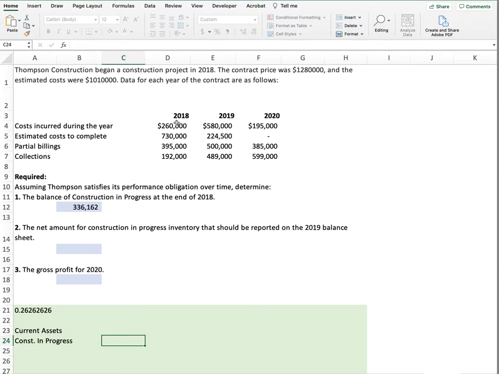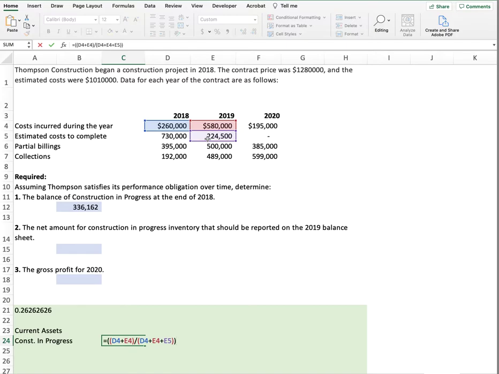So we're going to say equals parentheses, 2018 costs incurred during the year plus 2019 costs incurred during the year, close parentheses, divide that by, open up a new set of parentheses, our costs from 2018 plus our costs from 2019 plus the estimated cost to complete as of 2019, close parentheses.